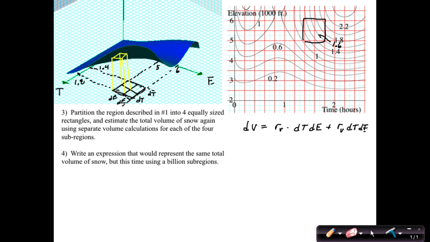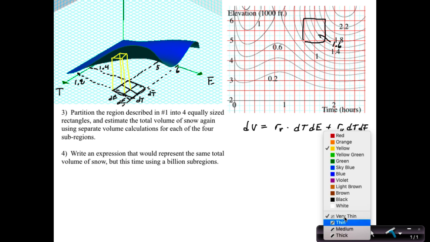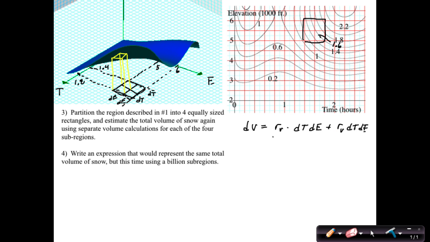And so this little calculation that we did, a rate times dt times dE, in the R3 rendering of the rate function can be considered the volume of a rectangular prism, as a geometric equivalent.